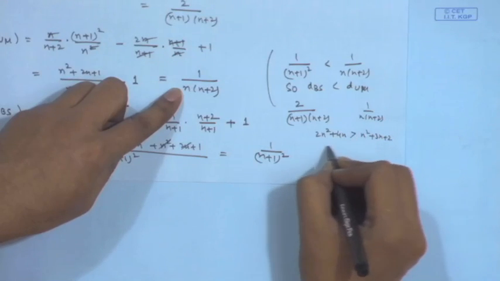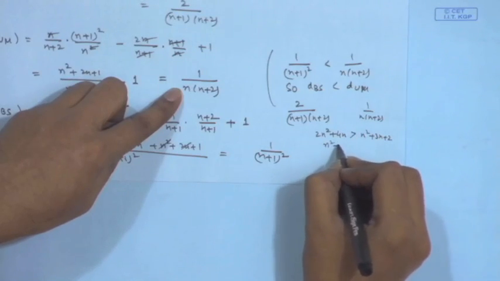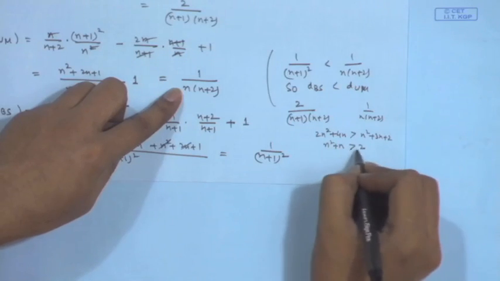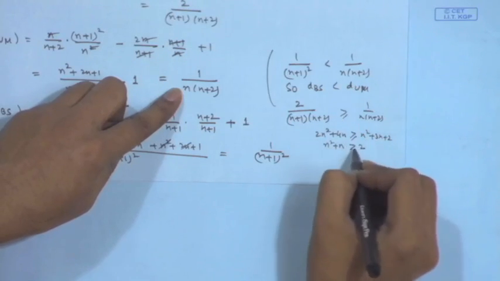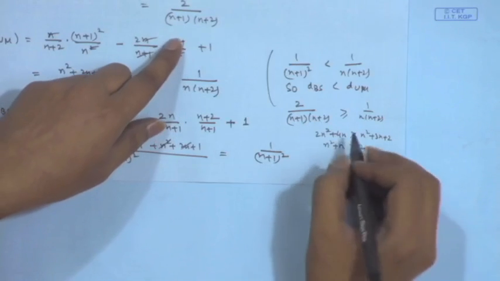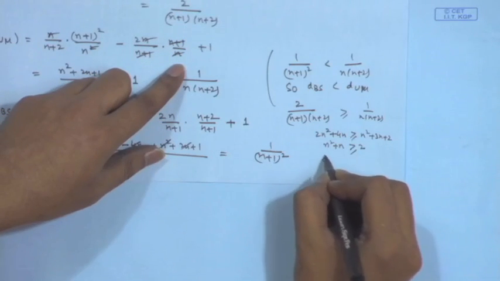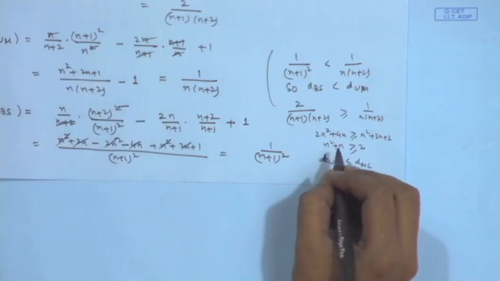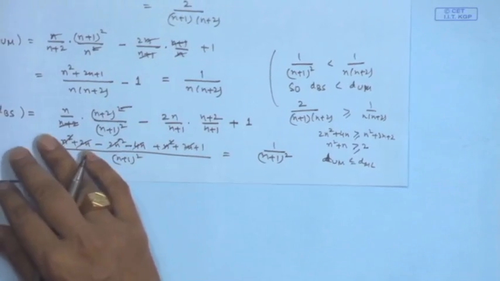So, if I put greater than, this is reducing to n² + n greater than 2. So, this condition is true, that means the UMVUE is better than the MLE. So, in this particular case, the best scale equivariant estimator turns out to be the best among the 3 given estimators.